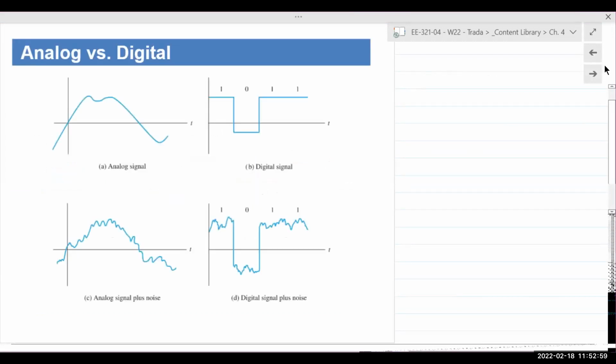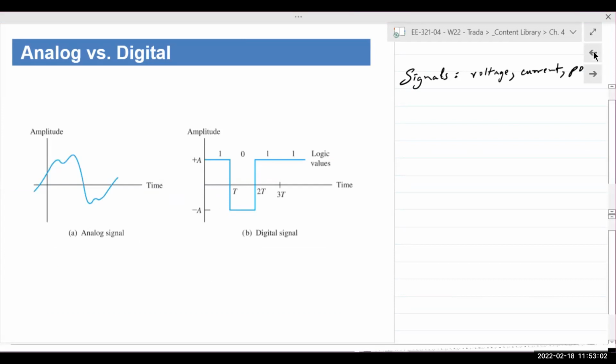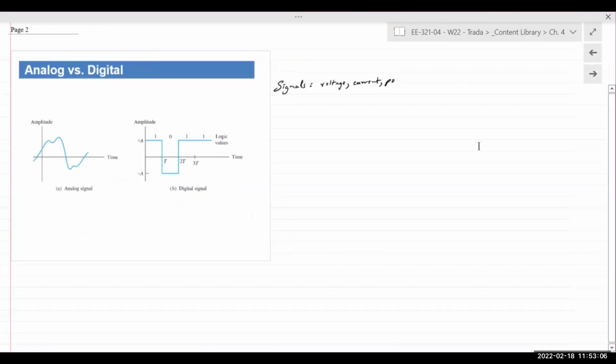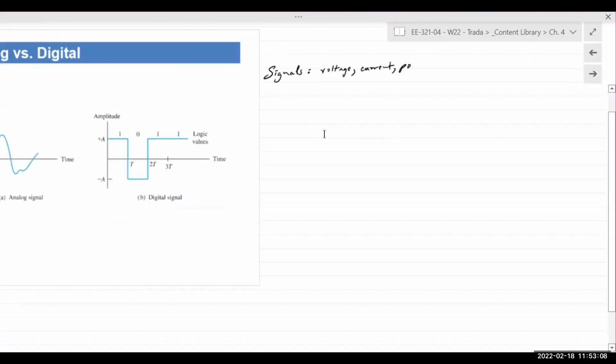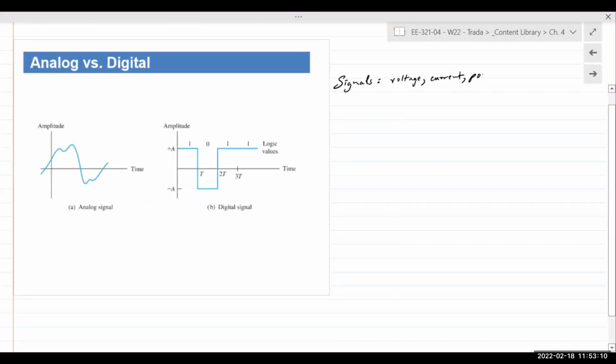Typically we would say it is referring to the voltage, but they could refer to anything. So it's a generic term for all kinds of functions, and of course it also sometimes is labeled as a function.